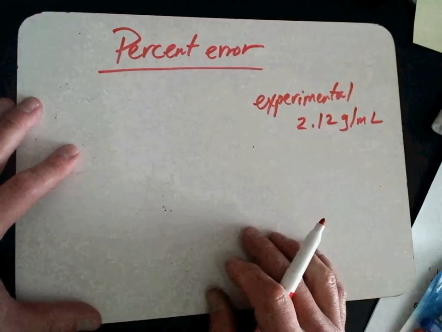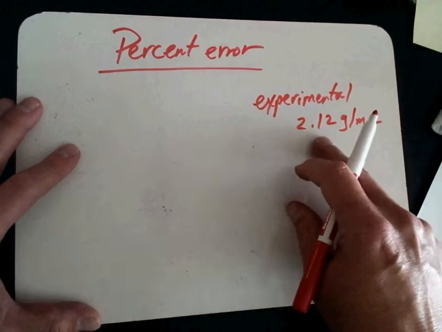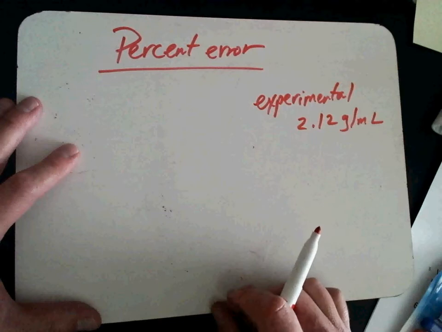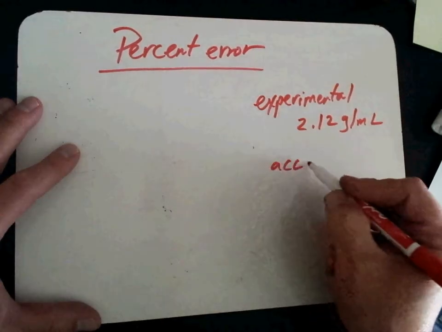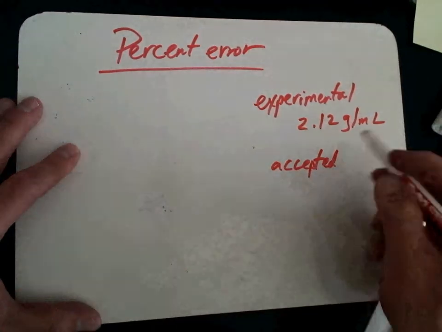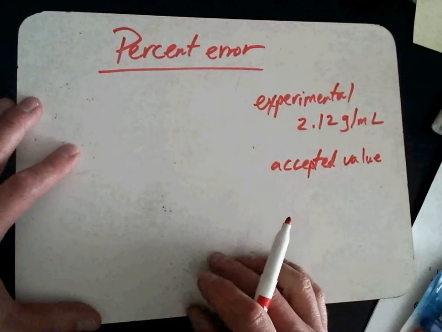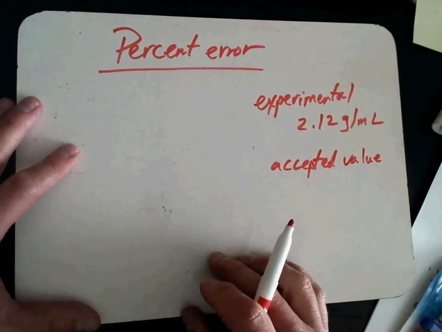You got the mass, you got the volume, you calculated the density, and you got 2.12 grams per milliliter. Now, you will find a data page that has your accepted values on it. And by the way, I check all your numbers, so you can't fake them, because if you fake them, you'll lose all credit.